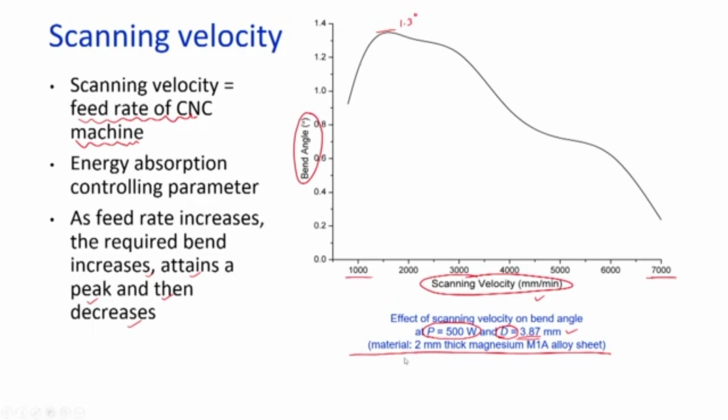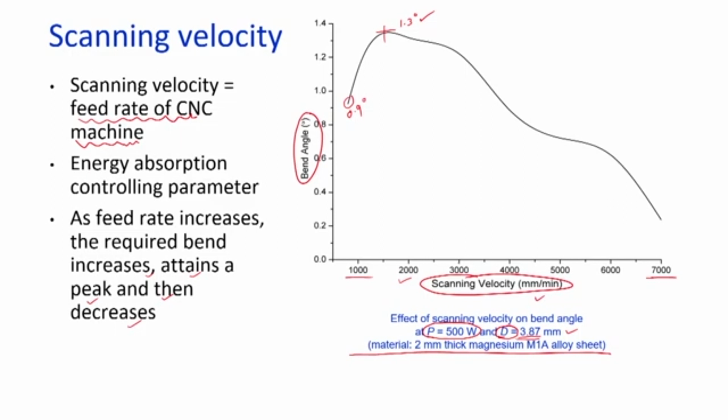2 mm. Now, if you look at the graph, we can notice that for 1000 mm per minute we got around 0.9 degrees, that is a moderate bend angle. To achieve more bend angle we increased the speed, we went for 2000 mm per minute, and we achieved a very good bend angle per pass, about 1.3 degrees.